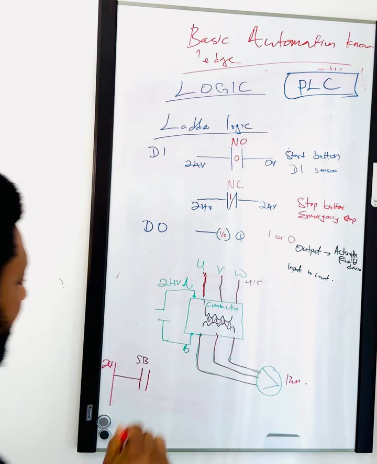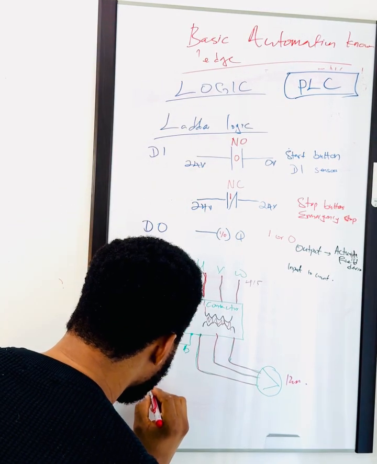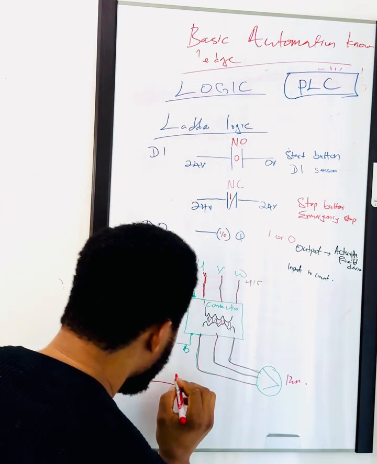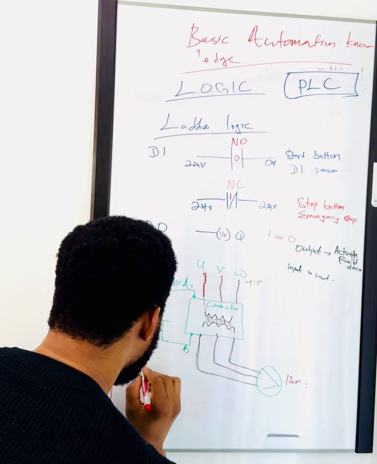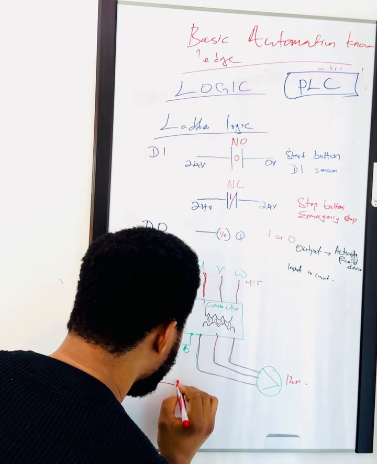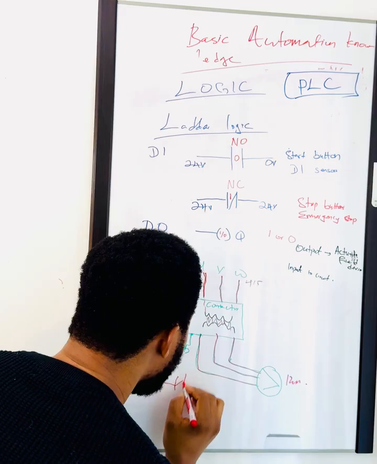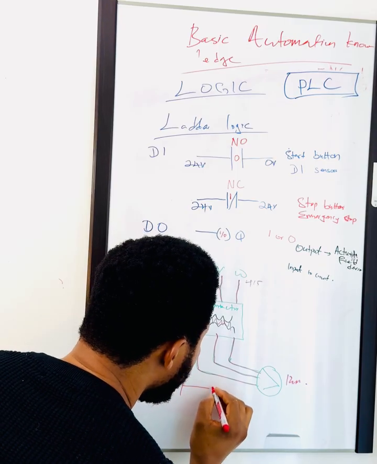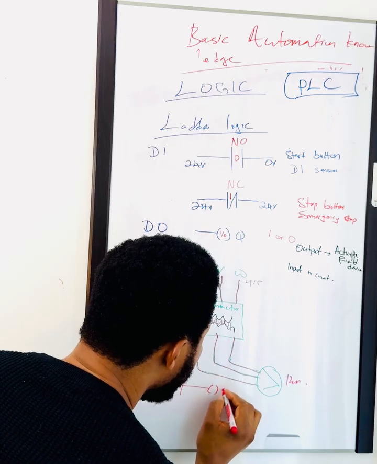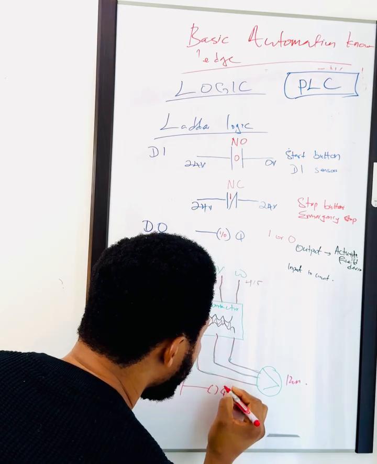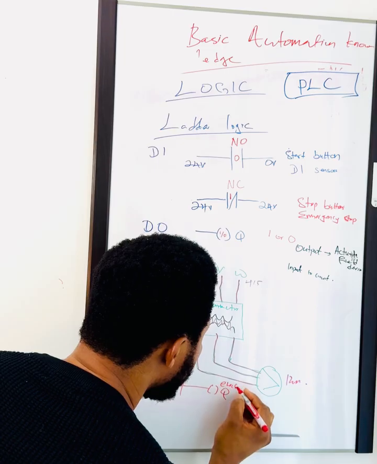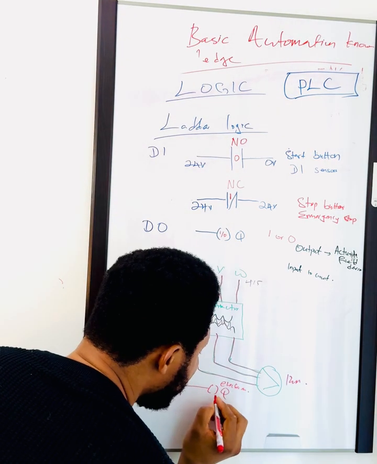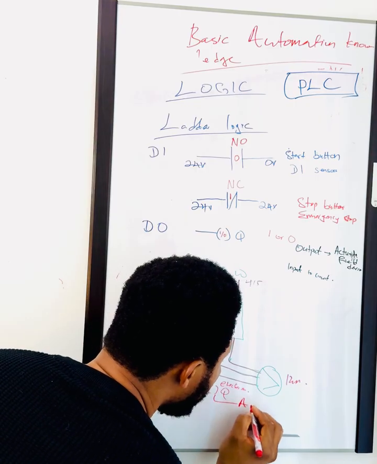Then you have your stop button. Let me call it start, then this is your stop. Your stop is usually normally close. Then eventually it goes to your feed device, which is going to be your electric motor. So this output now, it's what goes to A1.